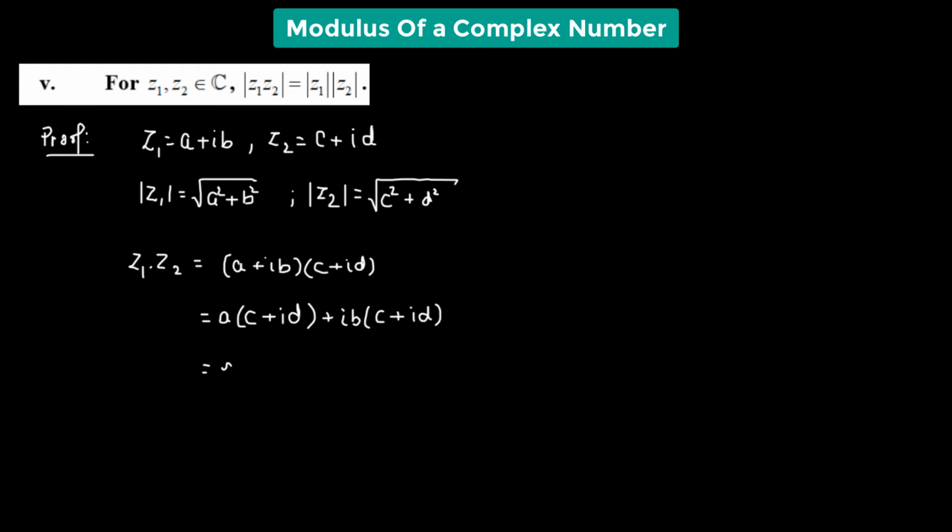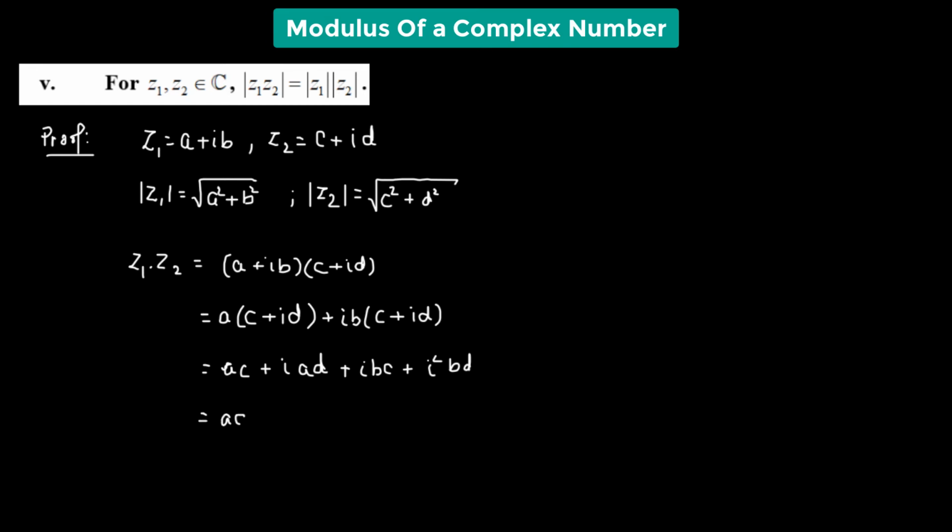So this equals ac plus i times ad plus i times bc plus i squared bd. This fourth term will become a real number because i squared equals negative 1.